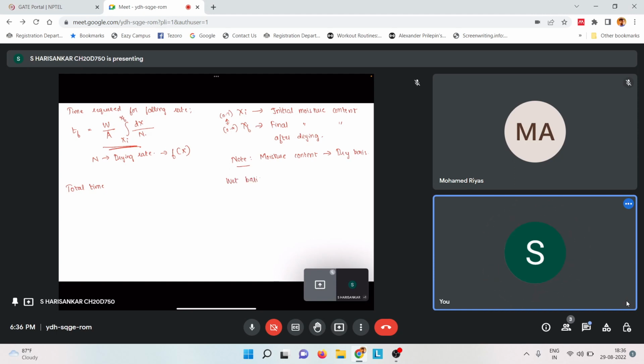In wet basis, you represent kilogram of water by kilogram of wet solid. So this is basically kilogram of water by kilogram of dry solid, which is W in the formulas, plus initial moisture content, which is represented in kilogram of water. So this initial moisture content is Xi in the formula, Xi into the mass of water.